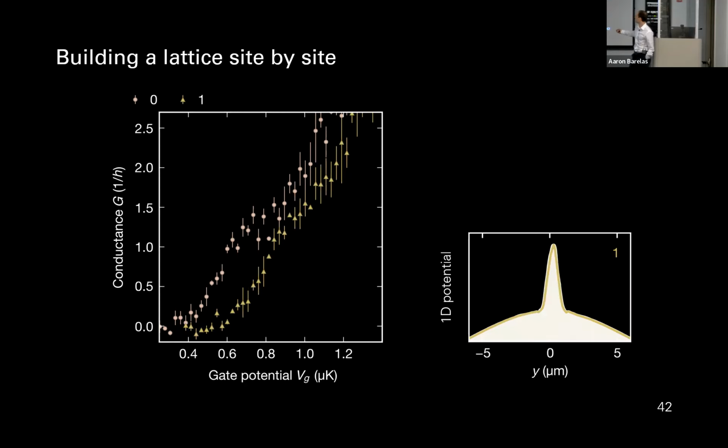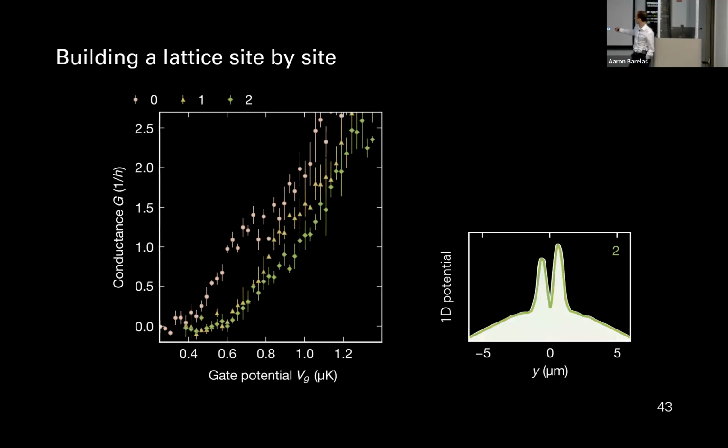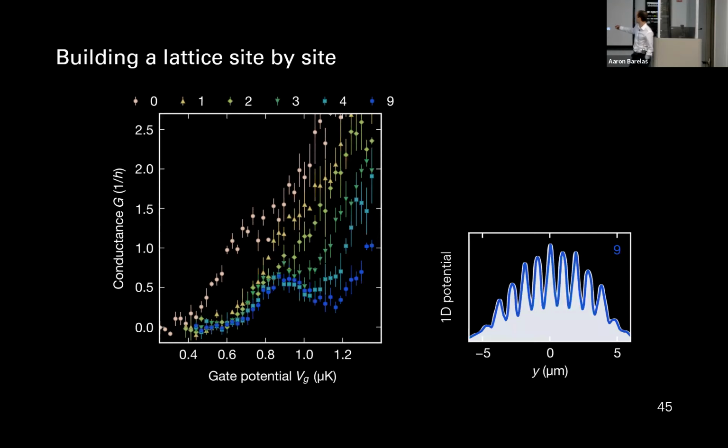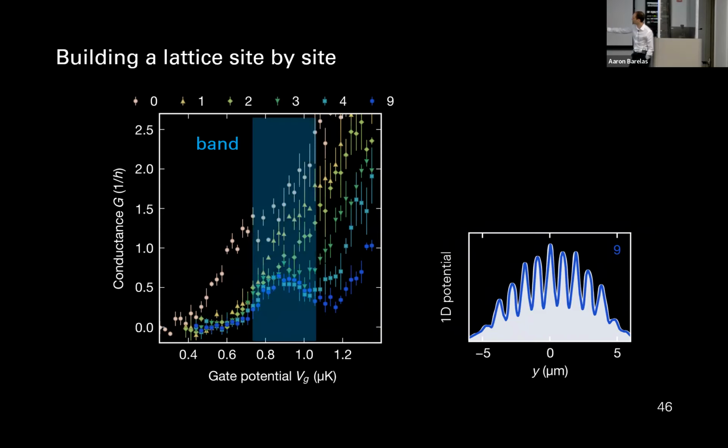And now as you're adding one bump, then a quantum dot made of two bumps, all the way to 9 periods of a lattice, you clearly see this monotonic conductance curve turning into a non-monotonic conductance curve in blue, where for intermediate densities you have a local maximum, which is indicating a favored transmission through the lattice, which is essentially the equivalent of probing the band of this lattice.